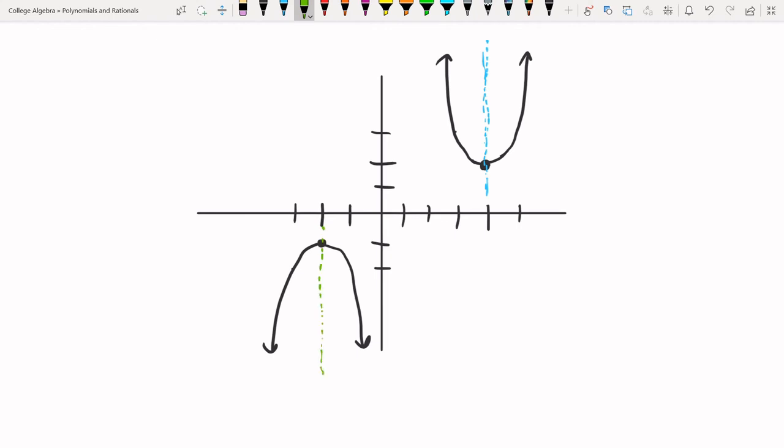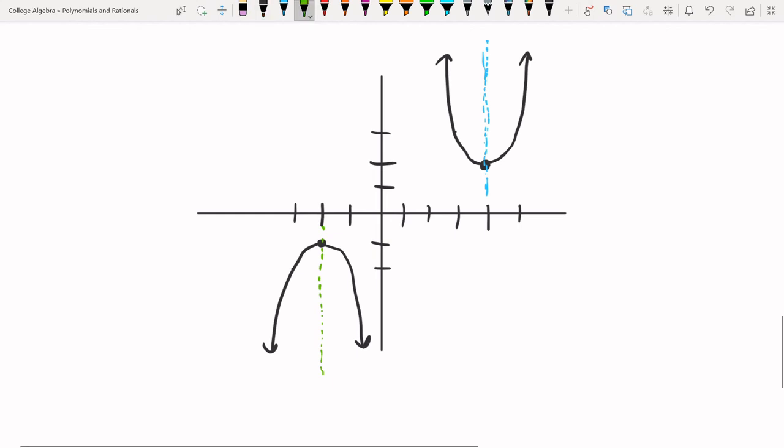That's the axis of symmetry. This is always going to go straight through the vertex. The vertex is kind of the defining point between the two halves. And so if we can find the equation of this axis, which is a vertical line, so it's going to be x equal to something, what it's going to be equal to is the same thing as the x coordinate of the vertex.